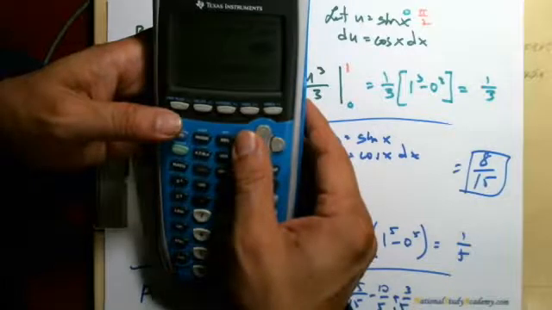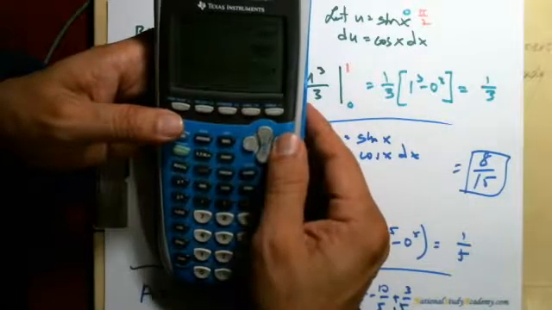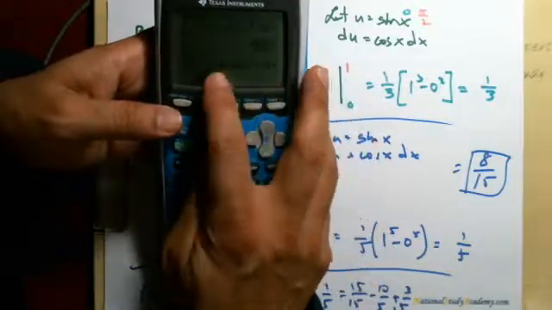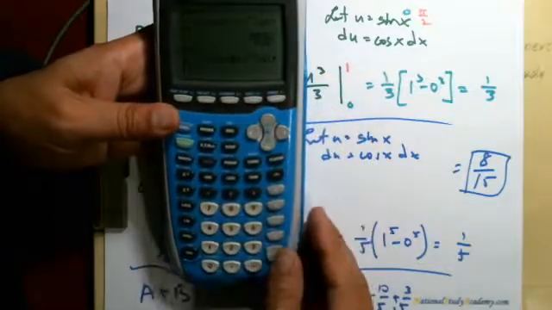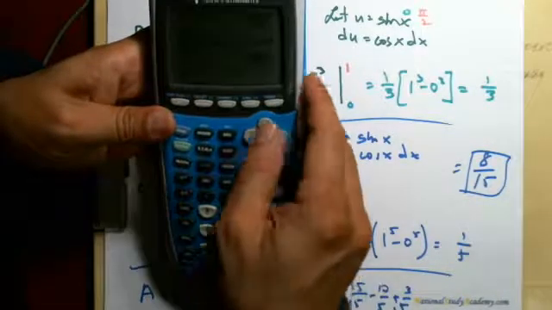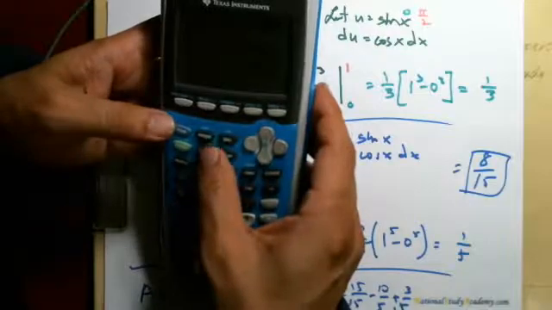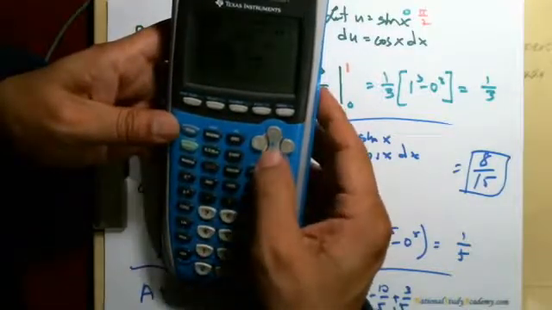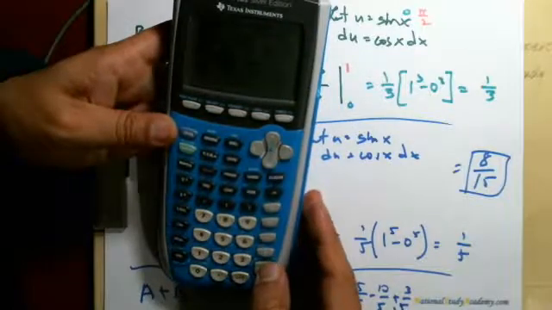It's called a user input error. Cosine, where is the cosine button? There it is. And then cosine to the 5th of x dx. Let's try that again. Something seems to be wrong here. Let's go to radians then, just to make sure.